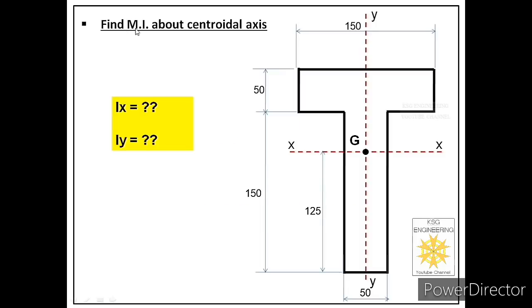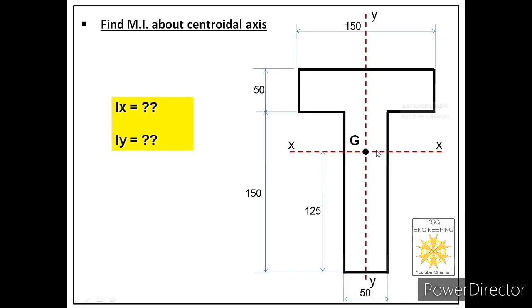So the question is to find the moment of inertia about the centroidal axis. We are given a figure, and its center of gravity is shown and labeled as G. From that center of gravity, two axes are drawn. One is in the x direction labeled xx, the second is in the y direction labeled yy.